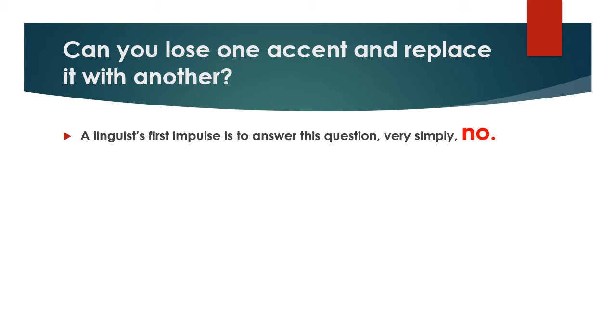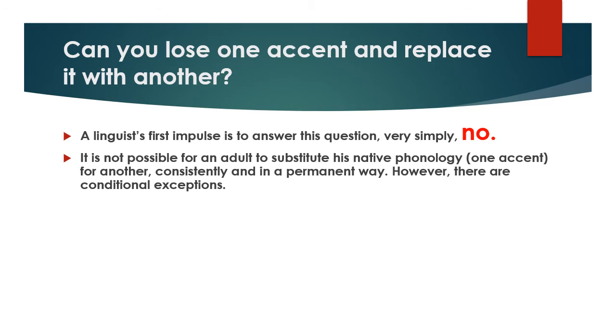A typical linguist will initially answer, no, we cannot just lose one accent and replace it with another. If you spoke American English all throughout your life, if you go to the UK, you just cannot lose your American accent and replace it with the British so easily.